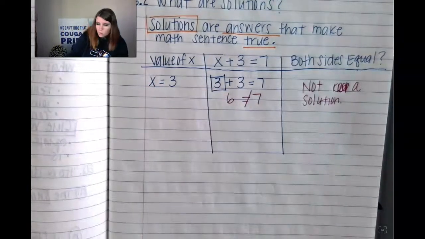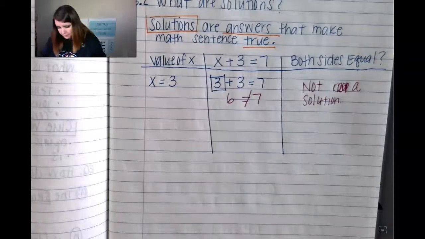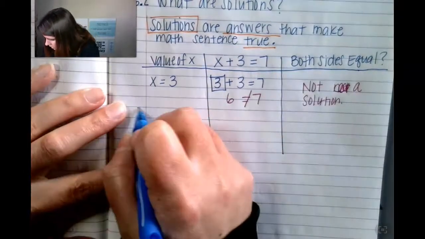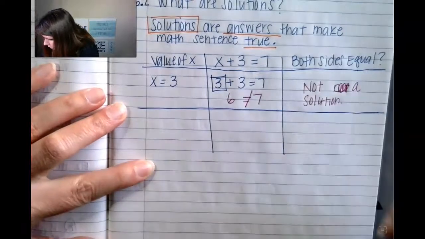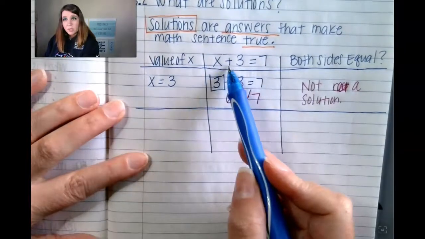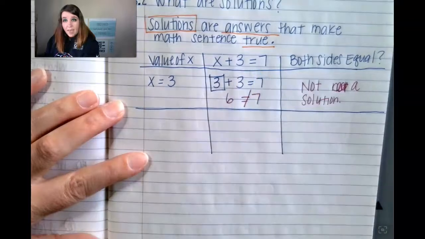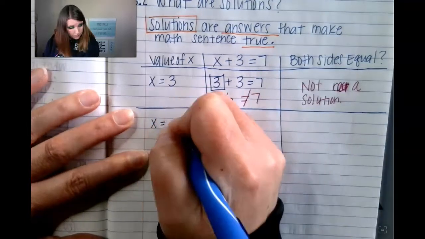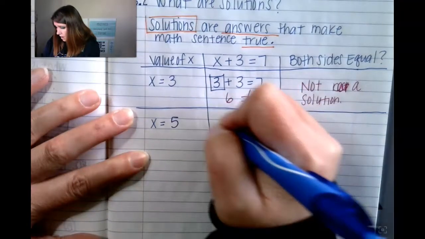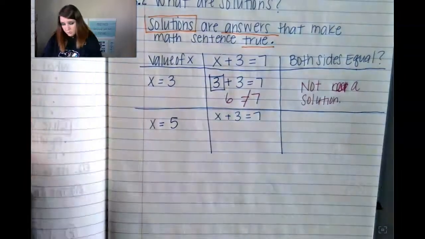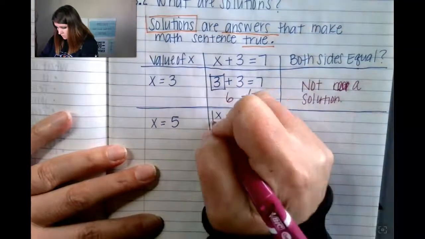Okay? What about if they told us that we have this same equation of x plus 3 equals 7, and they wanted to tell us that x equals 5. So here we are with our x plus 3 equals 7. We use substitution again.